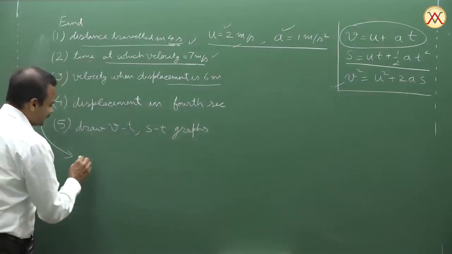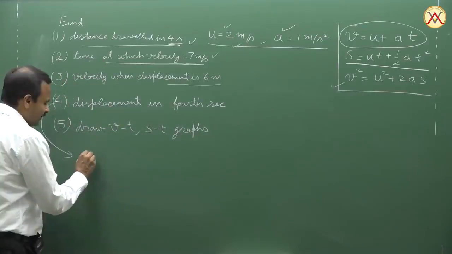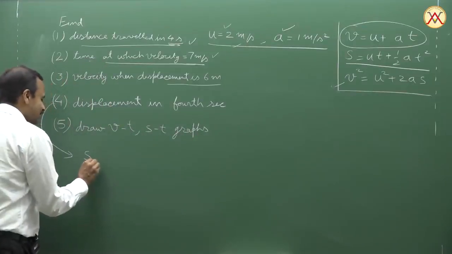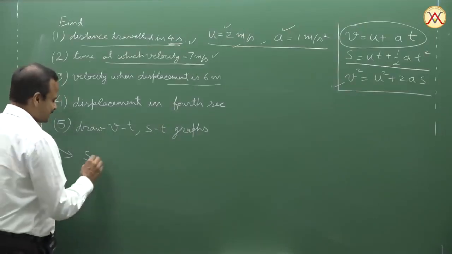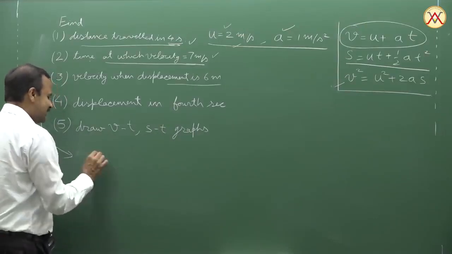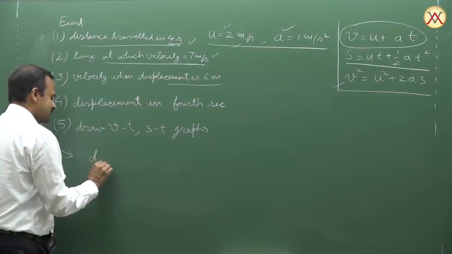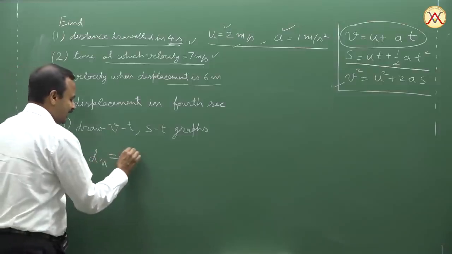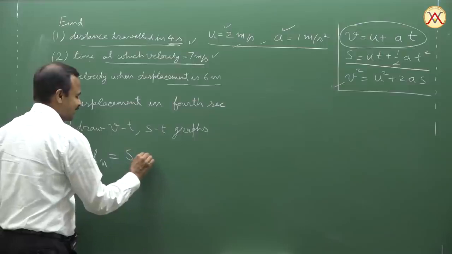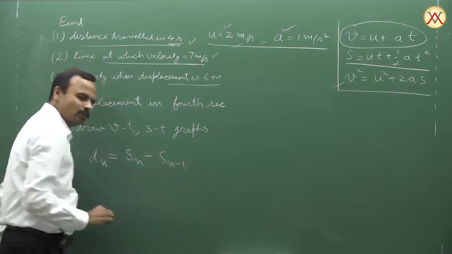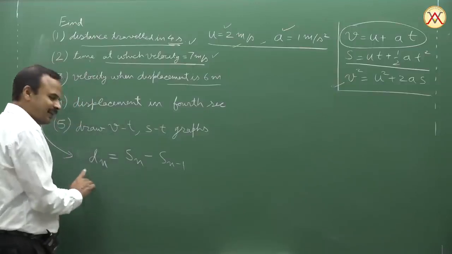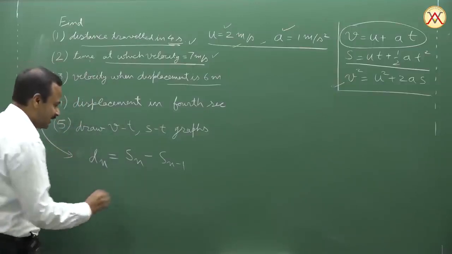So let's do this. Displacement in the 4th second. Let me, in the nth second, I am deriving a formula. So let me call this dn. Let me write this as dn. So I can write this dn as displacement in n seconds minus displacement in n minus 1 seconds. This dn represents displacement in the nth second.